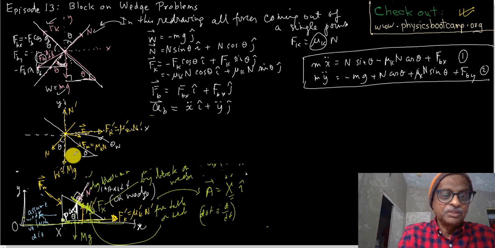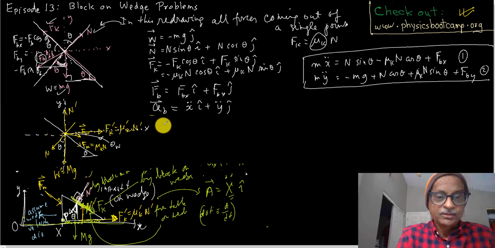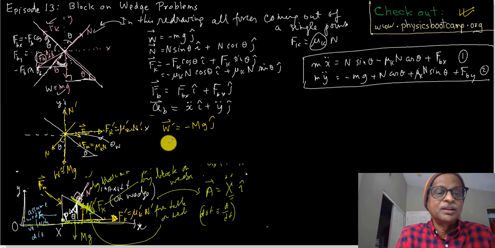So W prime equals minus capital Mg j hat, and there's a lot more force here. N prime vector is N prime j hat.